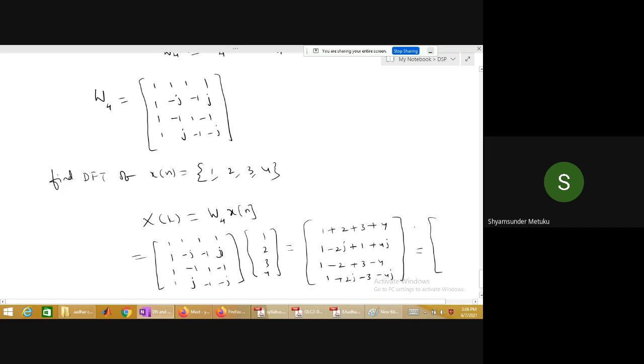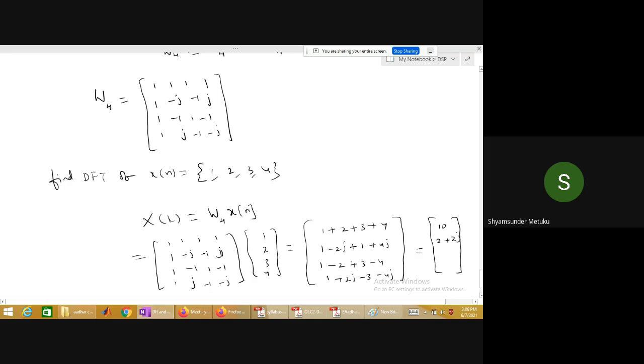Now 1 plus 2 plus 3 plus 4 is 10. Then this is 1 plus 2, plus 2j. Somewhere we got a mistake. In the above equation only we would have made a mistake. We got 2 plus 2j. I think I made some mistake.